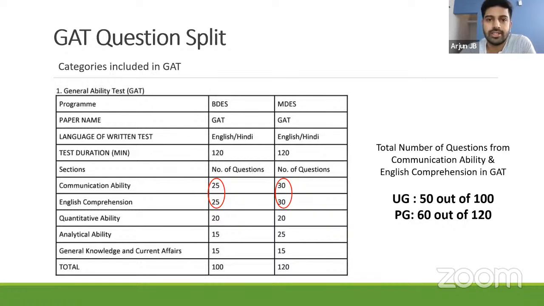If you are strong at these subjects, you have already cleared half of the questions and are strong enough to go ahead with the rest. That is how important these two topics are as far as Nift's GAT exam is concerned.